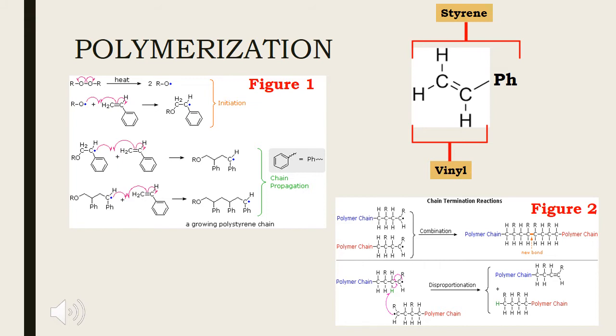These reactions are illustrated in figure 2 at the bottom of the slide. The growing polymer chains are colored blue and red, and the hydrogen atom transferred in disproportionation is colored green.